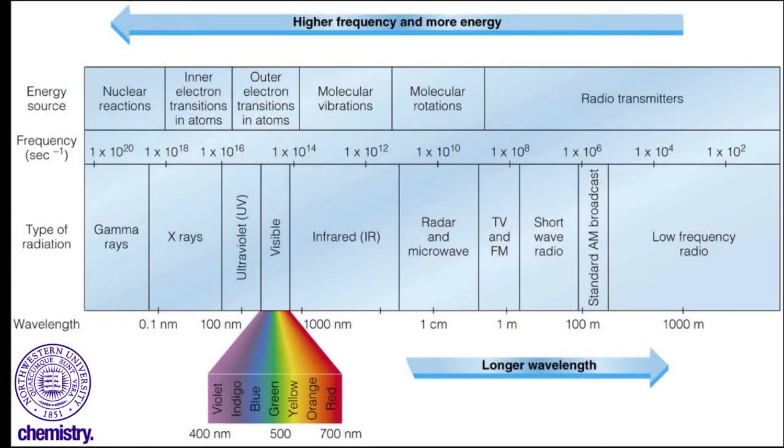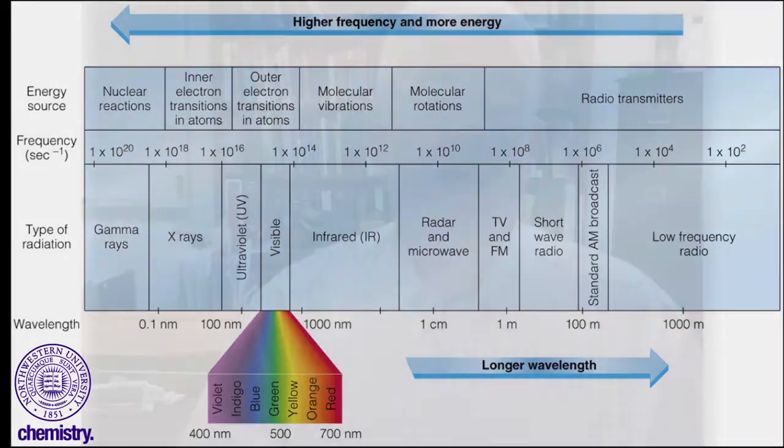Then just below the visible part of the electromagnetic spectrum, there is infrared radiation, and we use that for IR spectroscopy. Infrared radiation, we will learn, corresponds to a type of motion in molecules where covalent bonds are vibrating. The two types of vibrations we get with covalent bonds that we can measure with IR radiation are stretching vibrations and bending vibrations.